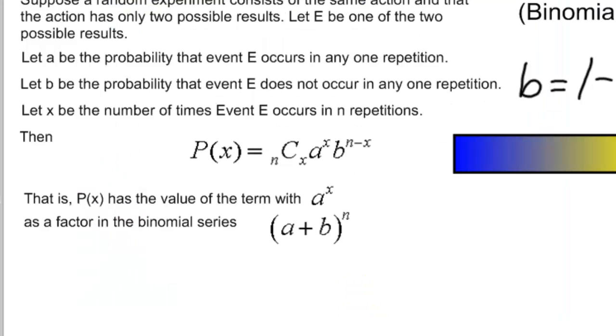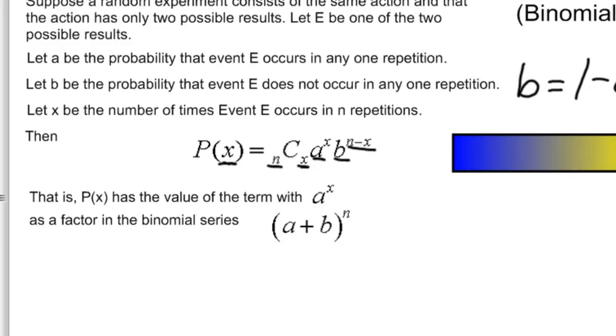The probability that we have a certain number of successes is nCx, where n is the number of trials and x is the number of successes, times A to the x, where A is the probability of success, x again is the number of successes, times B, the probability of failure, raised to the n minus x, which would be the number of failures.